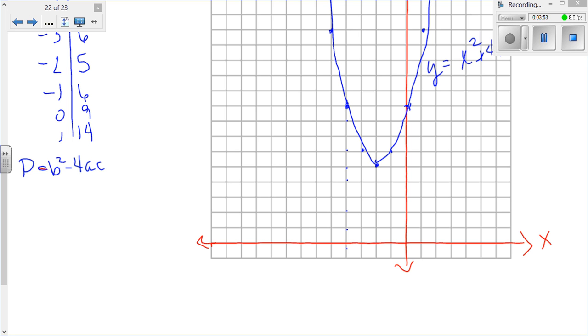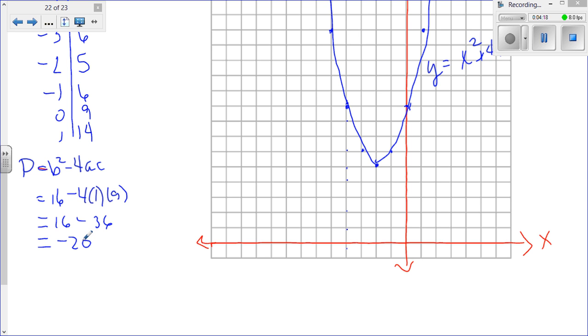So b is 4, so 4 squared is 16, minus 4 times a is 1, and c was 9. So I have 16 minus 36, which is -20.